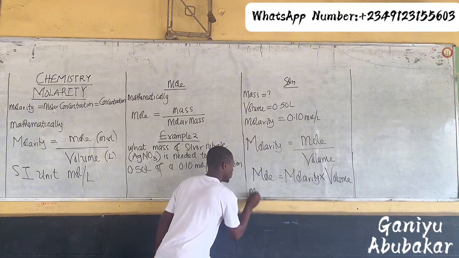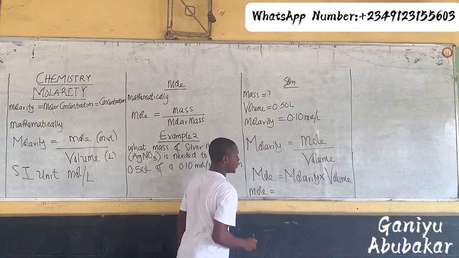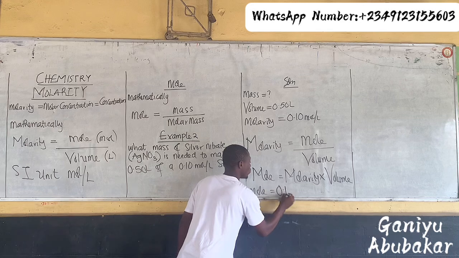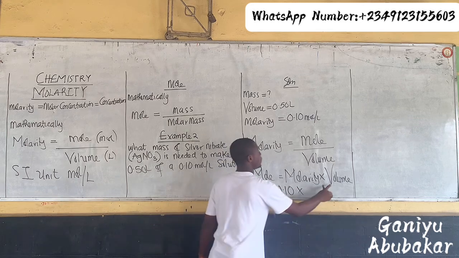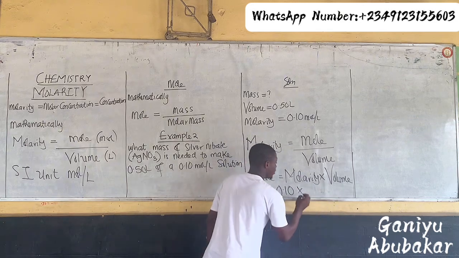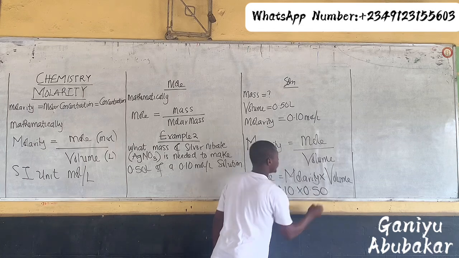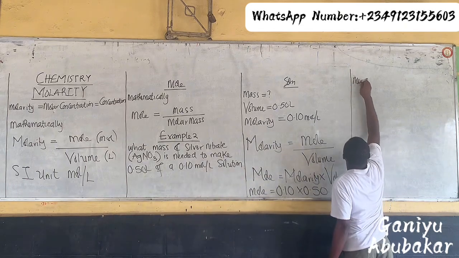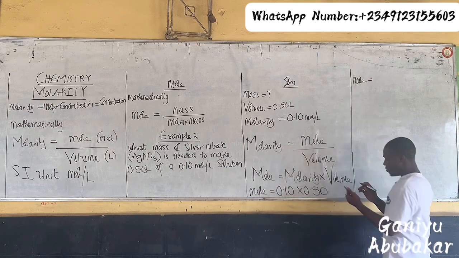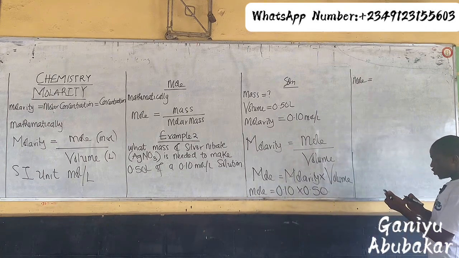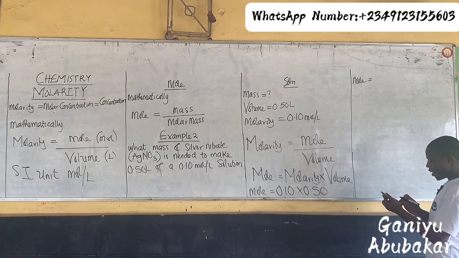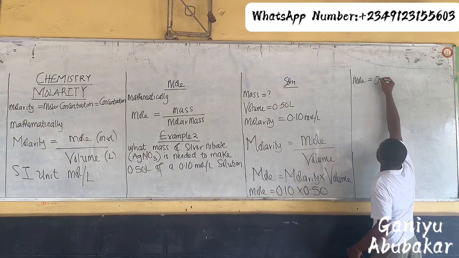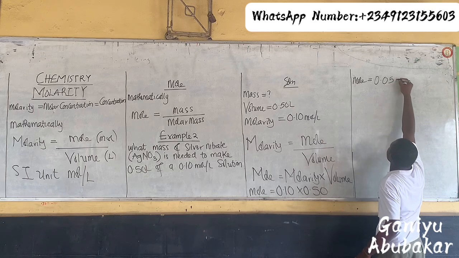From here, let's get mole. Mole is now equal in value to molarity, which is of course 0.10, times volume, which is of course 0.50. If I punch this together, mole should be equal to 0.10 times 0.50. Of course, my answer becomes 0.05 mole.